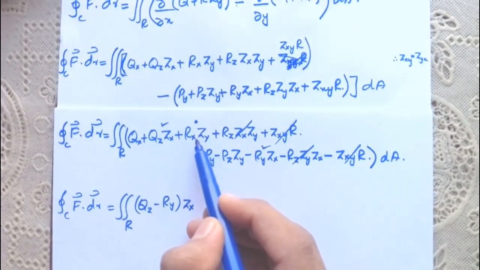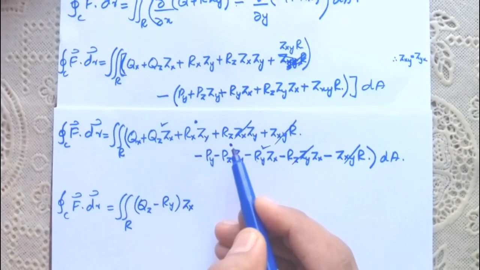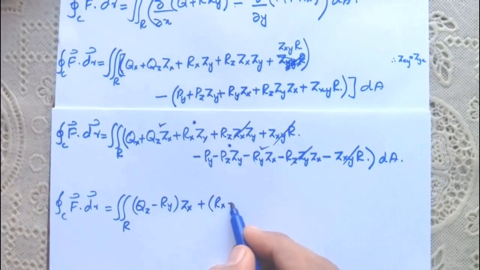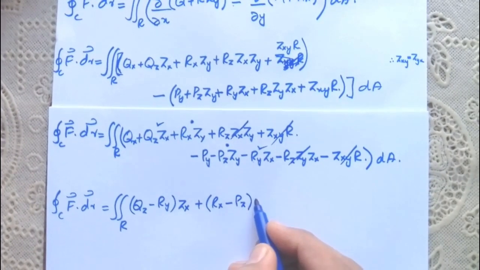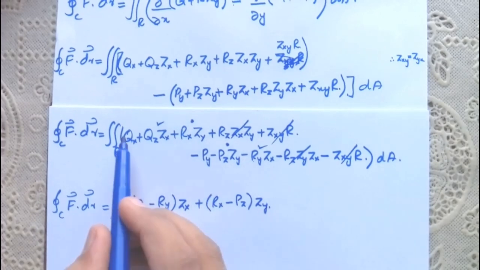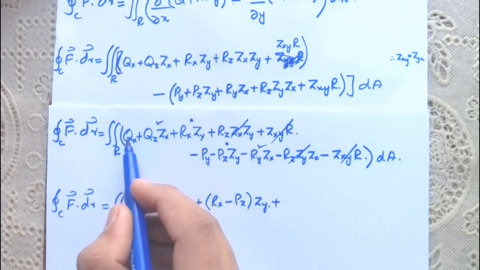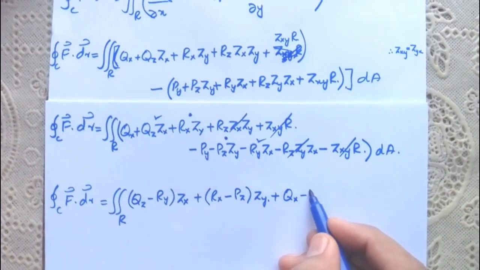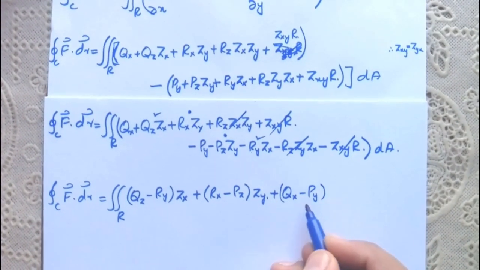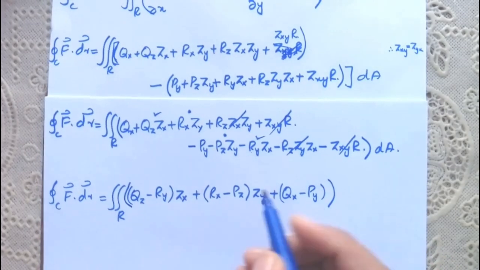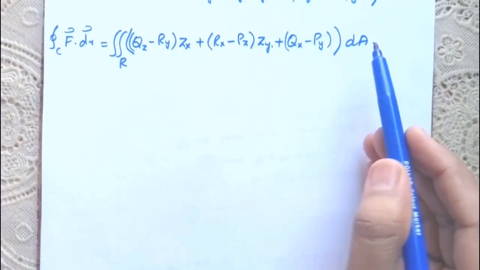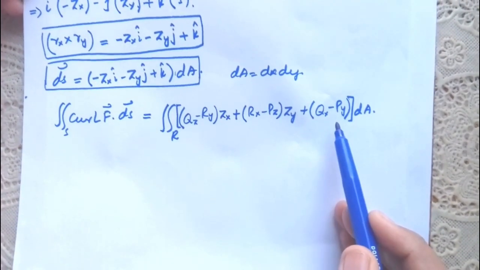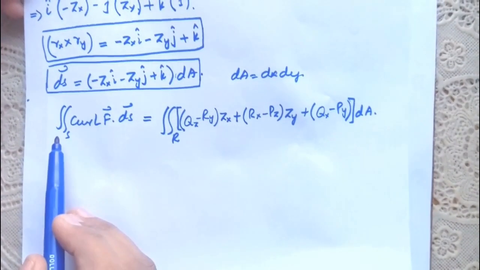And take out zy as common from these two terms, so it becomes rx minus pz times zy, and plus qx minus py, right, times dA.